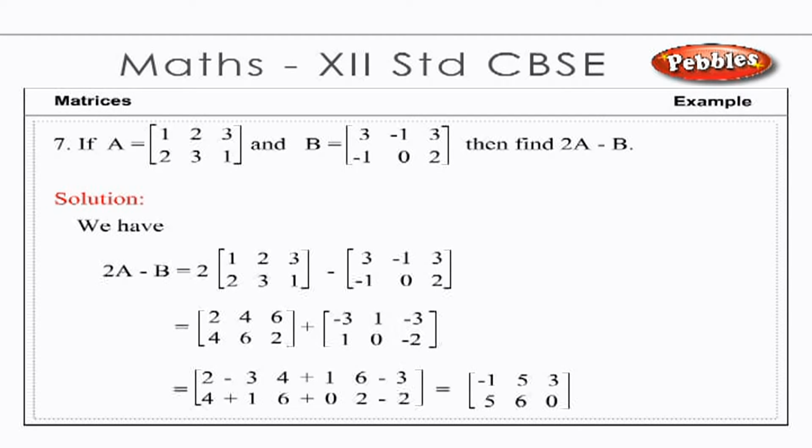From the above, we get 2A minus B equal to [minus 1, 5, 3; 5, 6, 0].